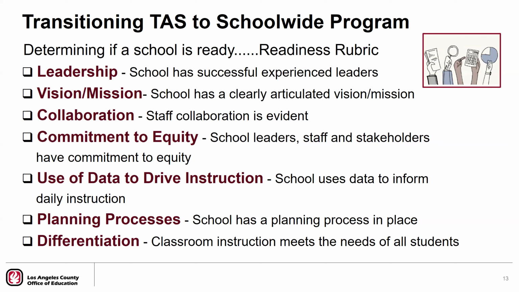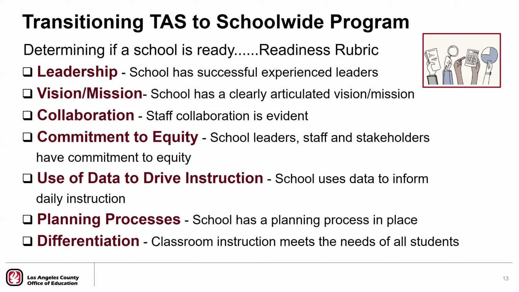What is the school's level of commitment to equity? How does the school use data to drive instruction? Does the school have a planning process already in place, or does one need to be created or modified? And lastly, differentiation. Is there actual differentiation happening in classroom instruction that meets the needs of all students?